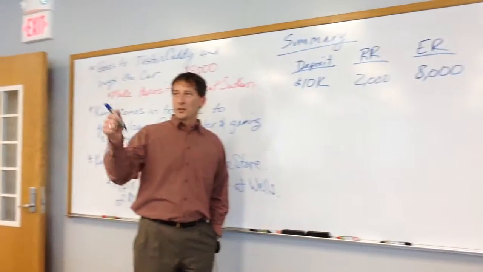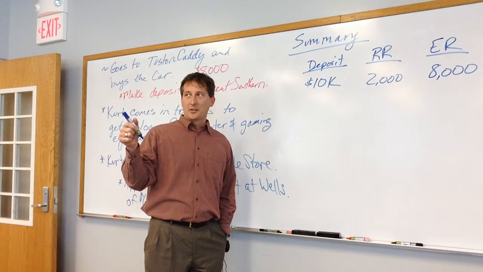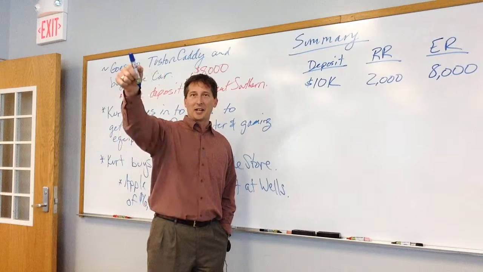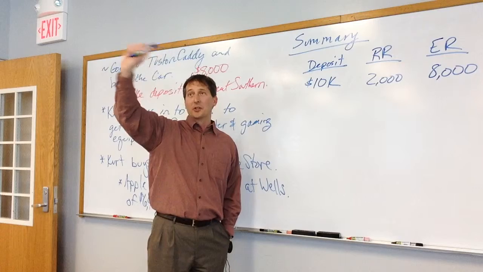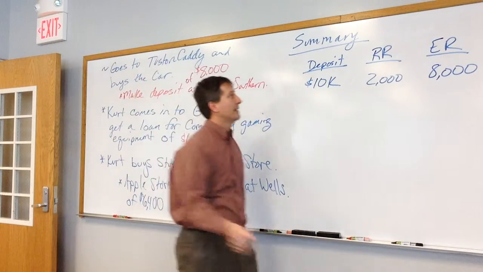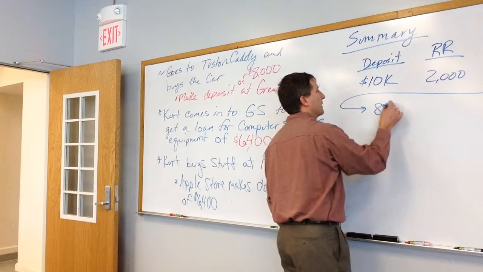The 8,000 went to who? Who got that 8 in their hand? Who took out the loan? The big guy back there, Lewis. And he went to Tustin Caddy and made a deposit of 8,000.